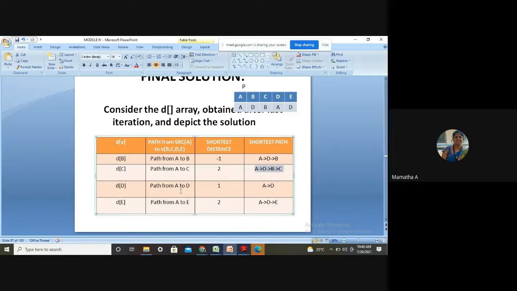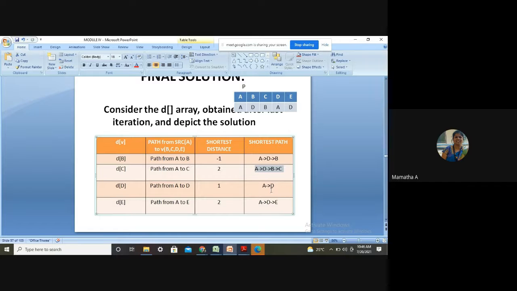Next, the path from A to D. Tejaswini, how do you print the path from A to D? P of A is A itself, so we stop there. Yes, it's an edge only that acts as the path, which is the shortest distance.